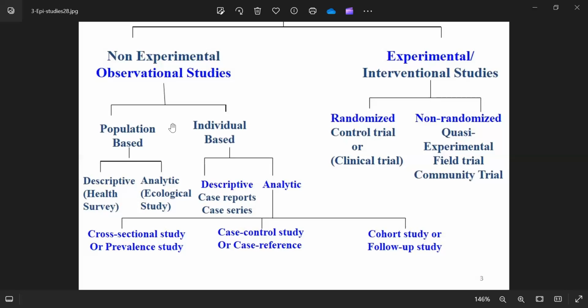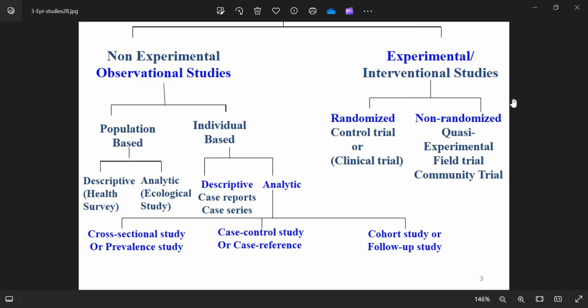But remember, it is under observational study, and under observational studies, you only observe. You don't manipulate variables. Rather, you observe and report what you saw during the observational period.